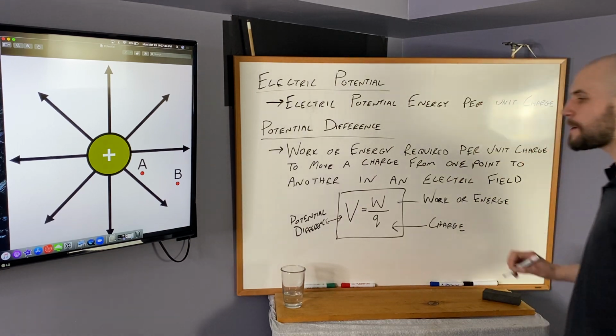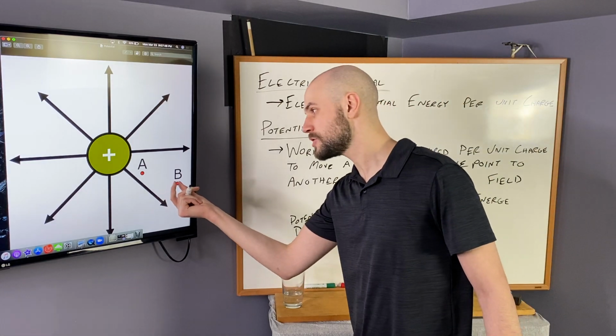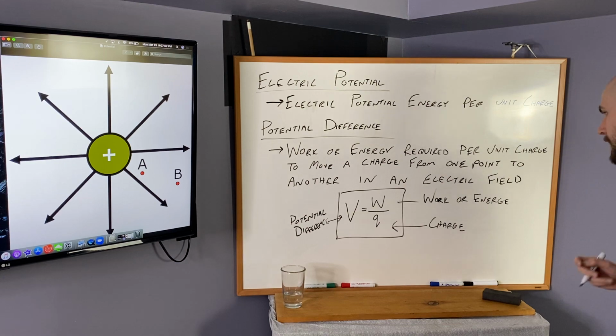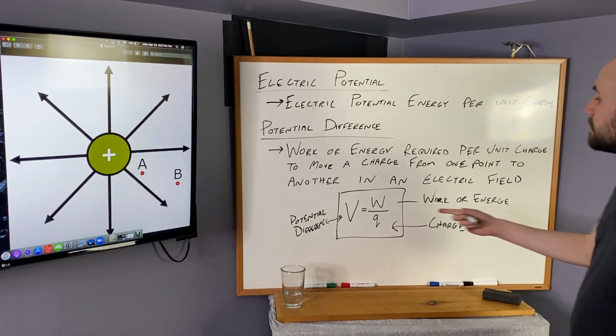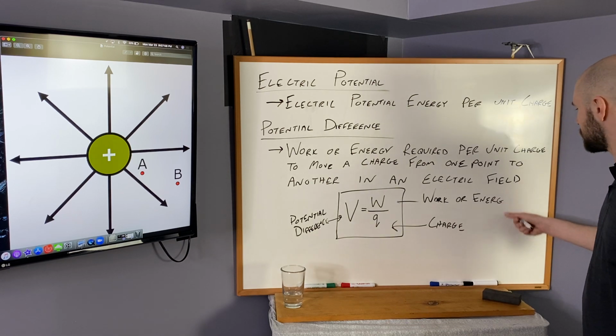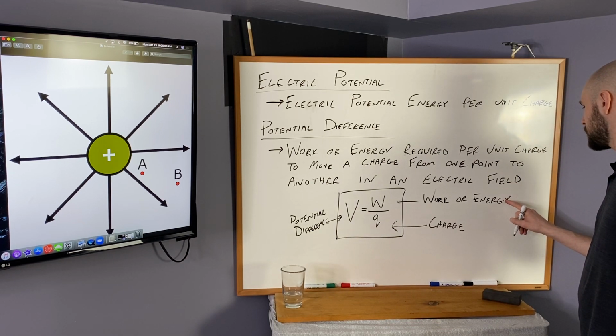Again, we're looking at the property of the location. There's no charge there, but if I were to put a charge here and move it, how much work or energy it would require. Okay, so we measure work or energy.